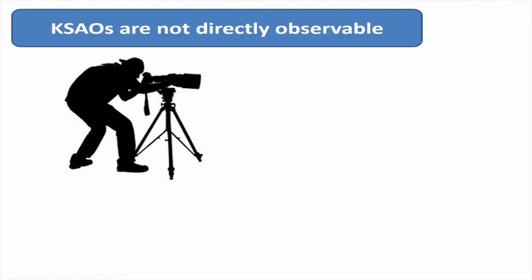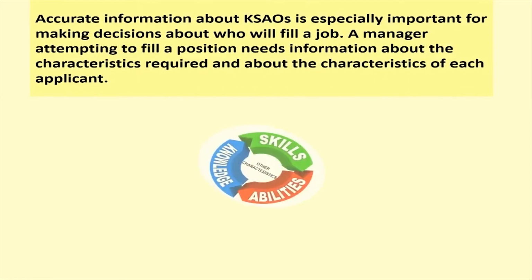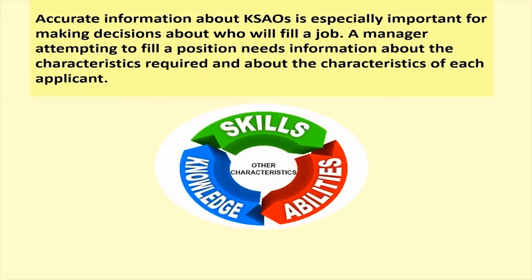Like looking at his action, we could observe that a photograph was being taken. But to draw conclusions about the person's skill can be done only by looking at examples of his or her photographs.